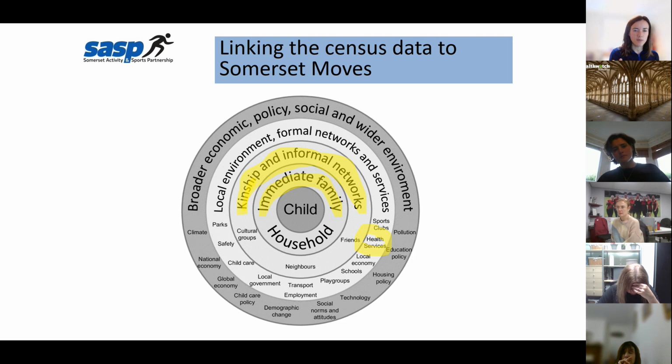But also when we're thinking more closely at things like unpaid care, those kinships and informal networks and the immediate family, and the access that people have to people that can support them, is really important as well. And thinking about how we can help people use those networks to become more physically active.